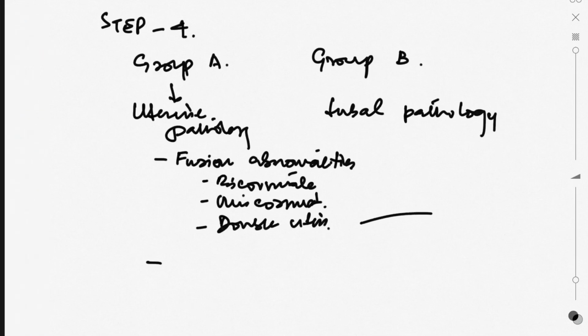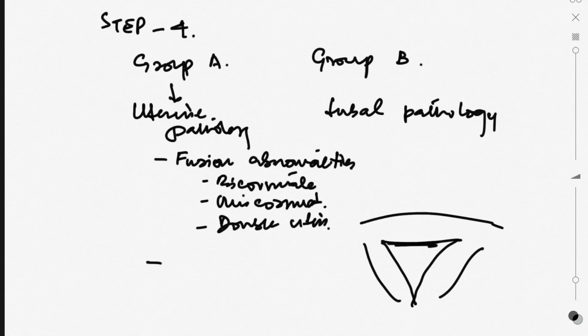So if we draw the uterus, you can see the triangle cavity, and if it is normal on X-ray, we can see the completely triangular shaped uterine cavity like this.